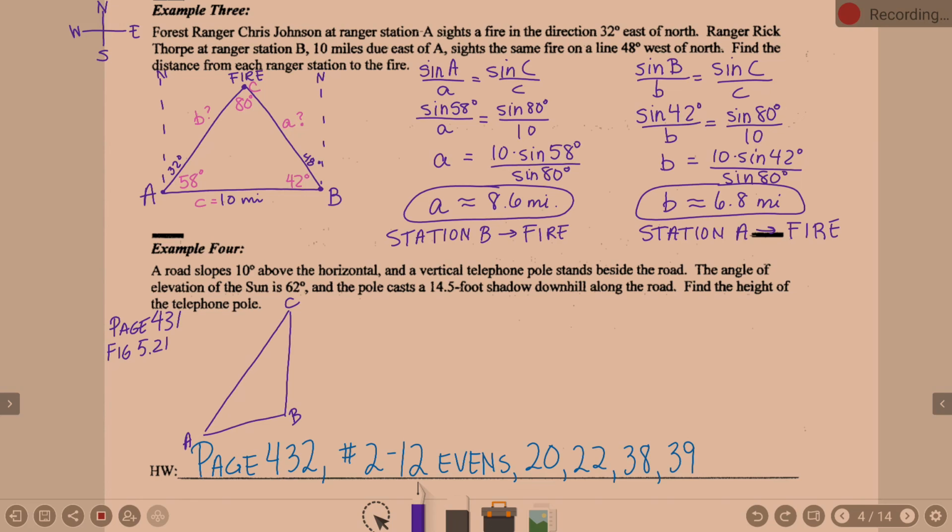Now, we said the shadow is right there. Find the height of the telephone pole, which is A. So the height of the telephone pole that we're looking for is A. What else do we need to know here?